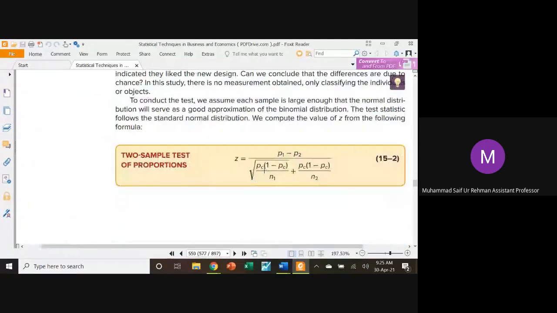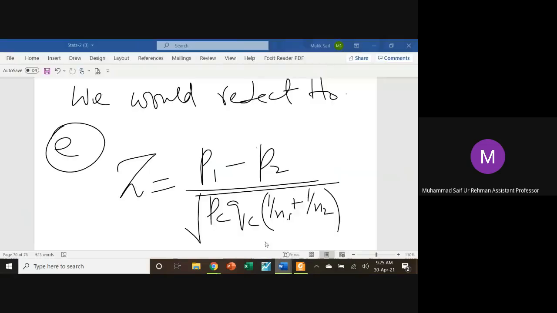So 1 minus PC is basically QC, and PC QC will be here in the numerator. This root is over both terms. So when you take PC QC common, you will remain with, inside the braces, 1 over N1 plus 1 over N2. This is what I have written over here.